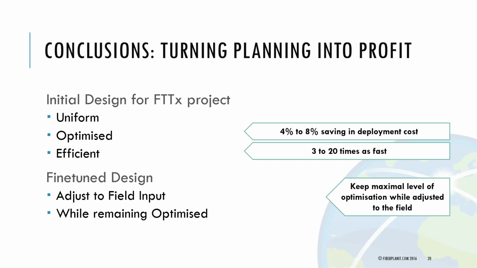Also, you can become a lot more efficient. Depending on your current process, you can do a design 3 to 20 times as fast. And then in your fine-tuned design, you keep your maximum level of optimization while adjusting your design.